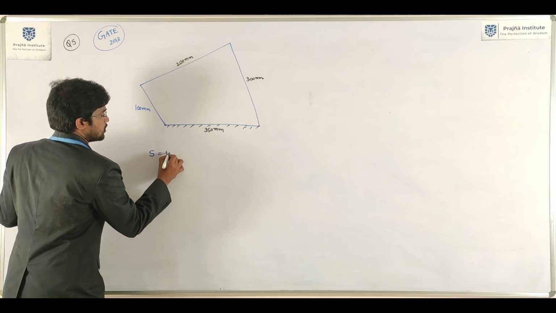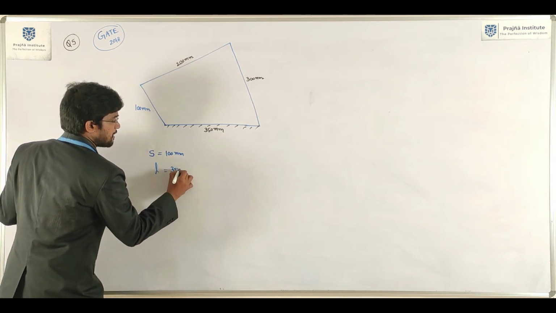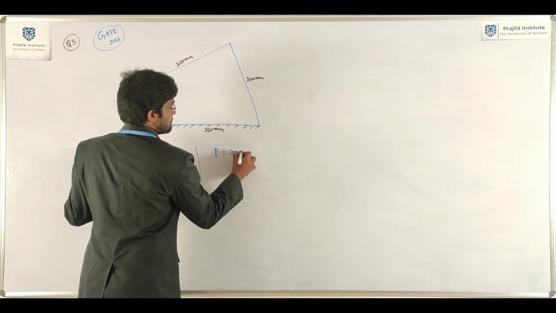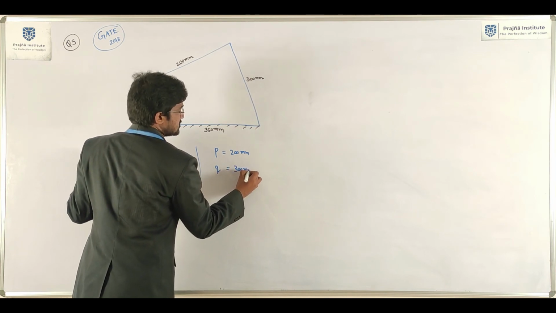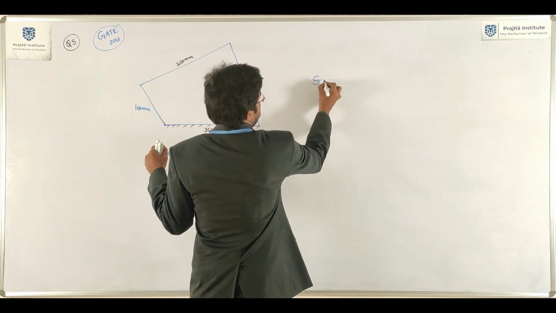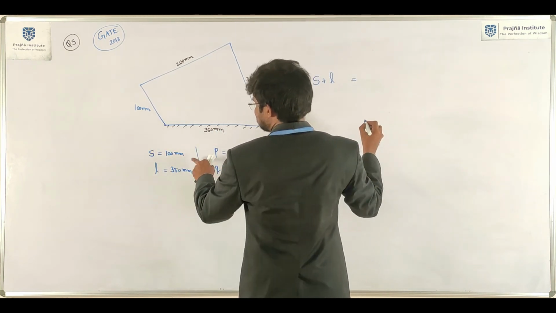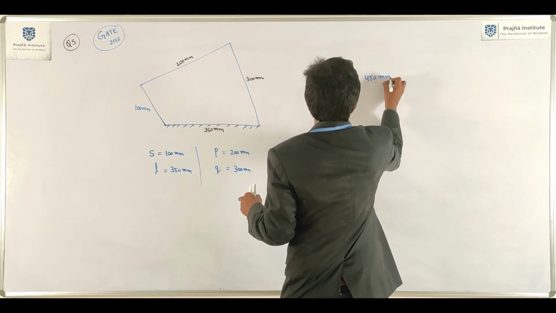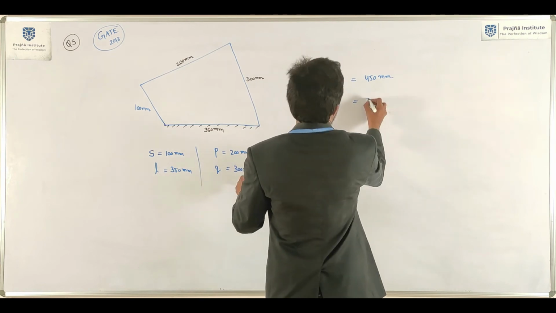S equals 100 mm, L equals 350 mm, P equals 200 mm, Q equals 300 mm. Check it out. S plus L is nothing but 450. P plus Q equals 500 mm.